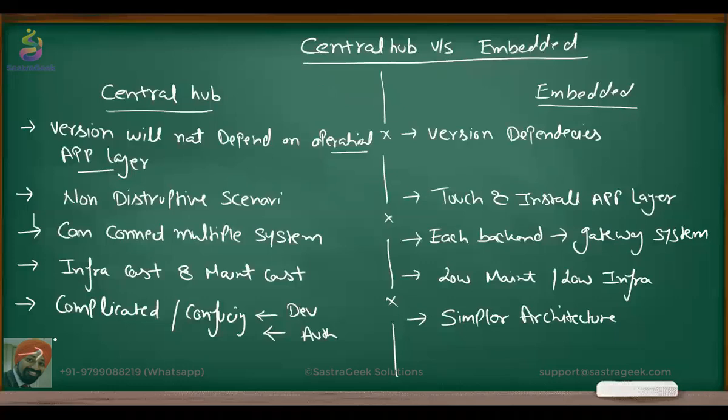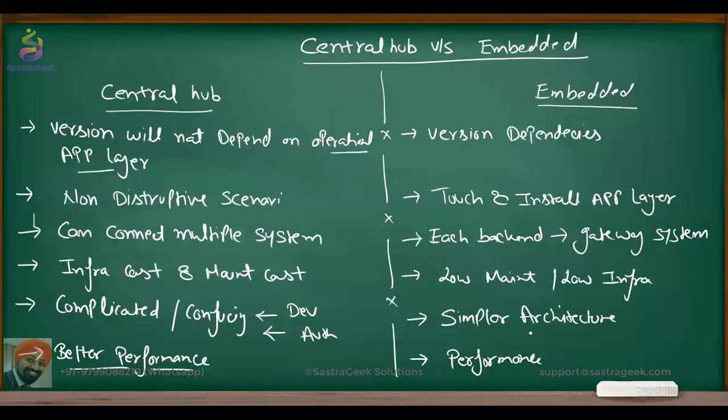We have seen a little better performance in the central hub scenario. There can be some performance issue here, but don't take it as a drawback, because we faced this initially when we were doing 1610 initial versions, we had an embedded scenario.